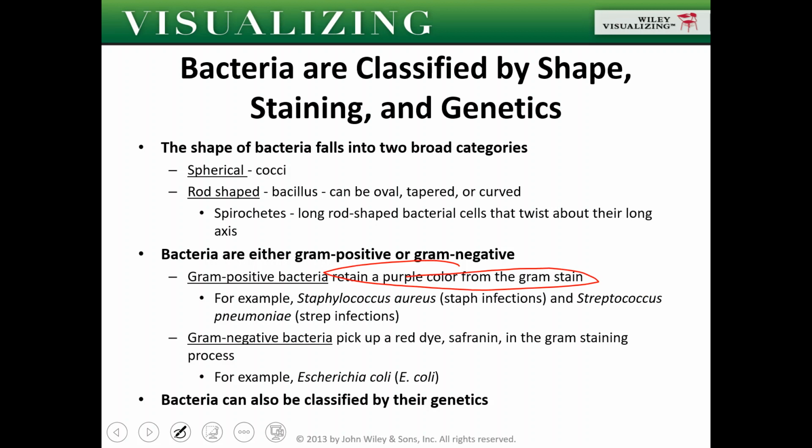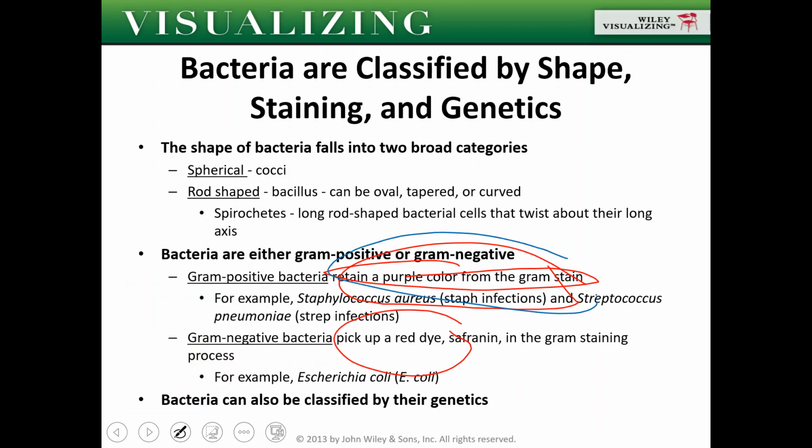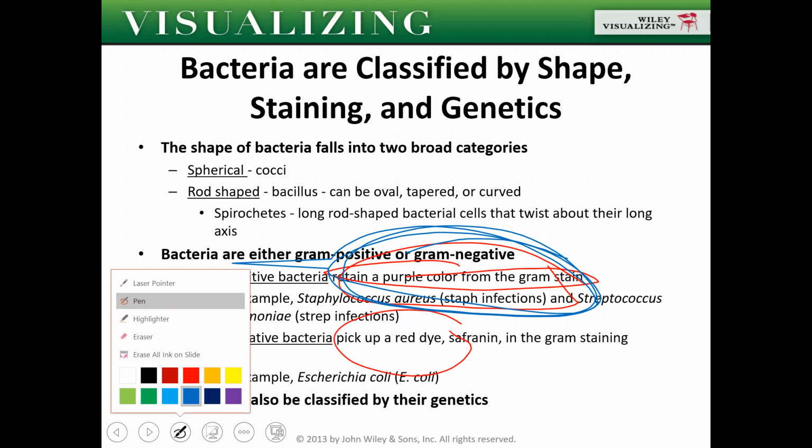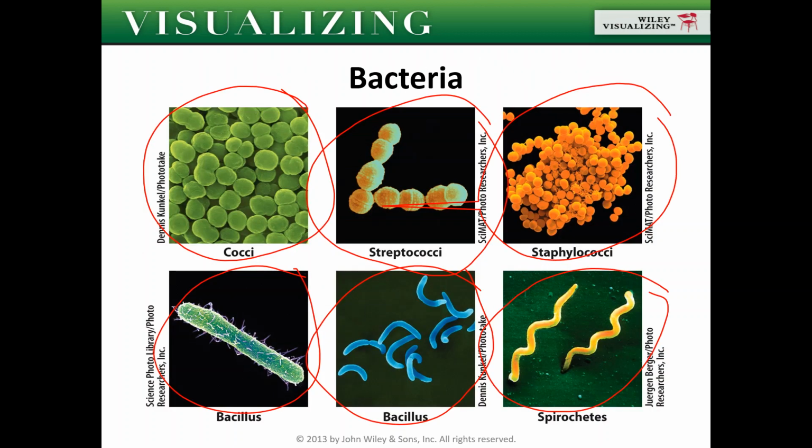Sorry, to make sure that we got it: gram-positive bacteria are blue and gram-negative bacteria are red. The difference between the two is that they have different structures of the cell walls. This is why they are colored differently. So these are two general classifications of bacteria.